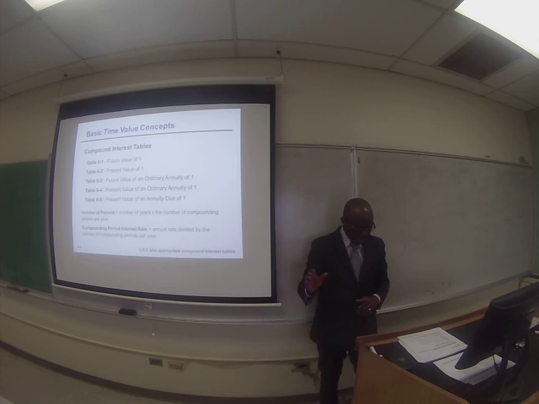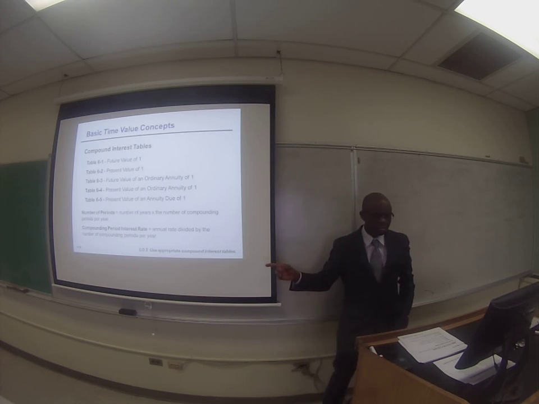So here are the interest tables, okay? The first table deals with future value of 1. Second table deals with present value of 1. Table 3, 4, 5, so on and so forth.